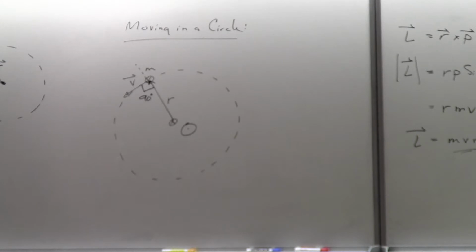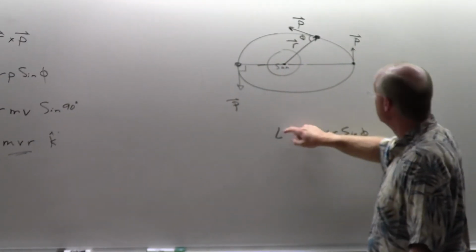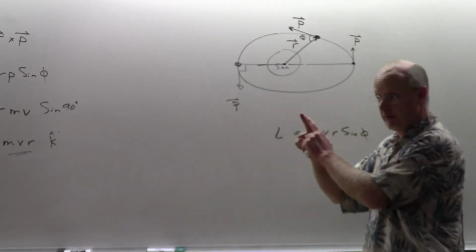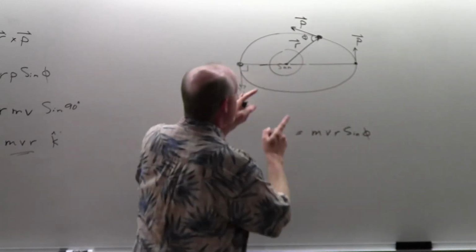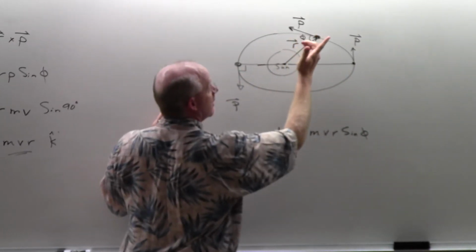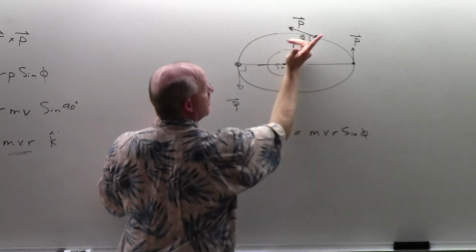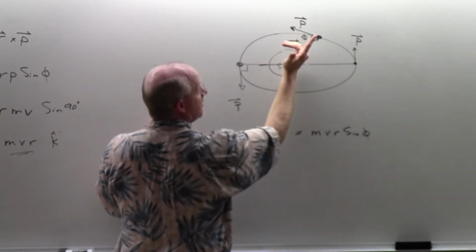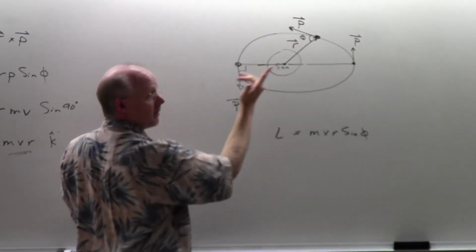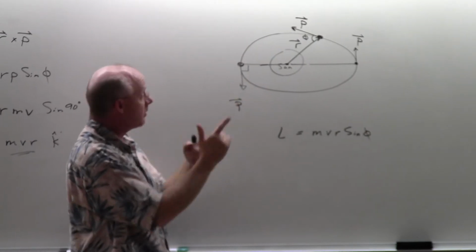How about Mercury here? What's the direction of the angular momentum vector here? Okay, well, put my finger in the direction of R. So there's R. There is P. So R is that way. P is this way. Thumb is out.